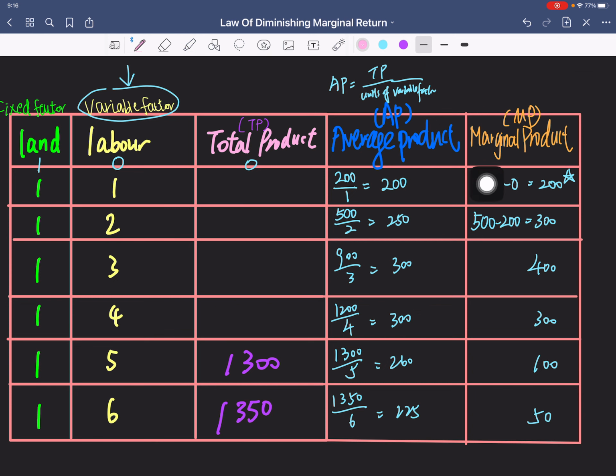If we are given the marginal product only, can we find our total product? The answer is yes. Look here. When the first unit of labor is employed, we have 200 of marginal product. It means that from 0 units of labor moving to 1 unit, this additional worker helps us gain 200 marginal product. So the total product should be 200.